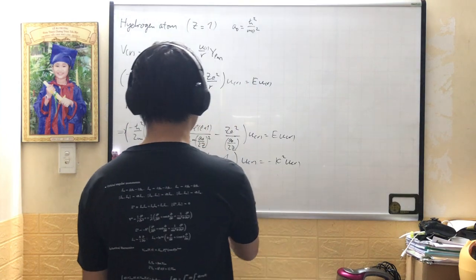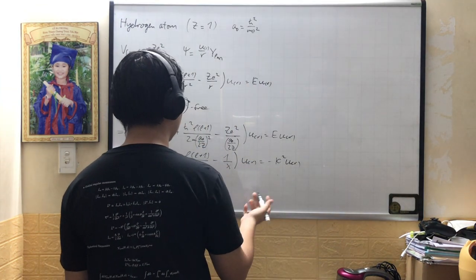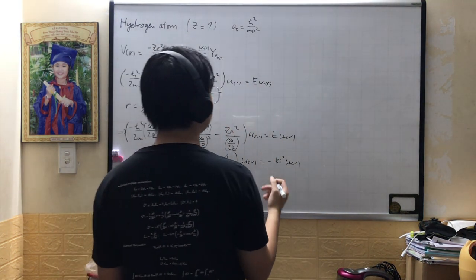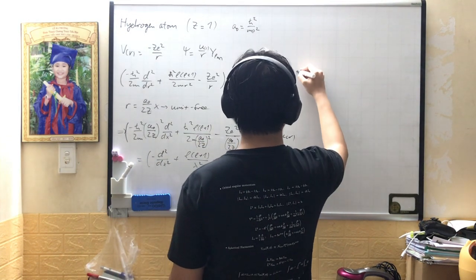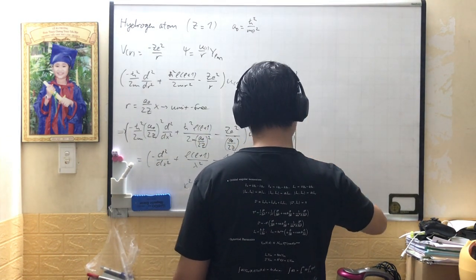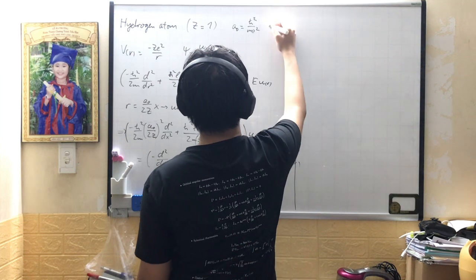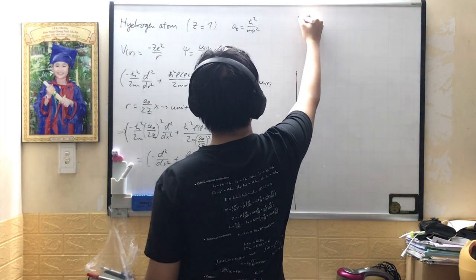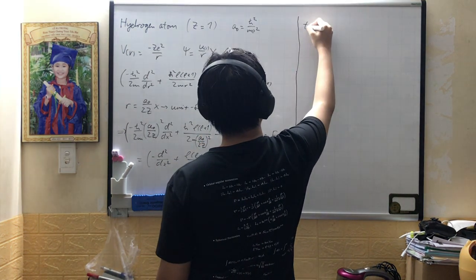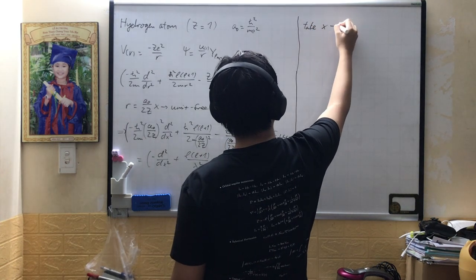If your kappa squared is also negative, we can take our boundary condition. Take x goes to infinity.